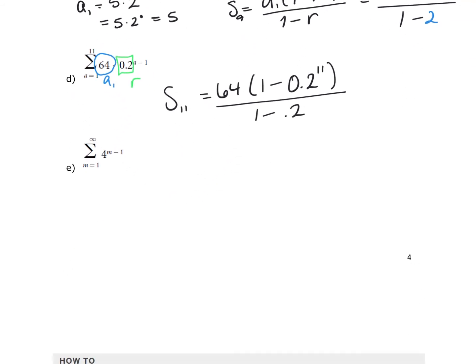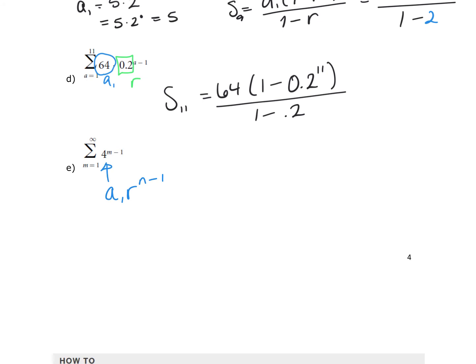Now, here is where my upper index is infinity. So the first thing I want to do is look to see, is this a geometric, arithmetic, or none of the above? By looking at this, because I see 4 raised to my dummy variable of n minus 1, this has the form of a sub 1 times r raised to the n minus 1.